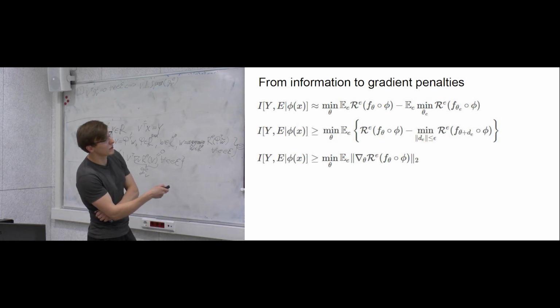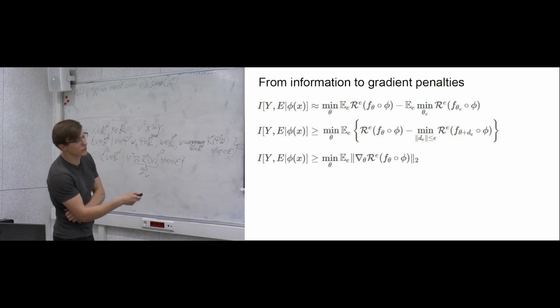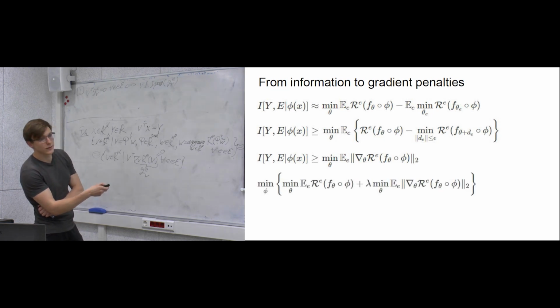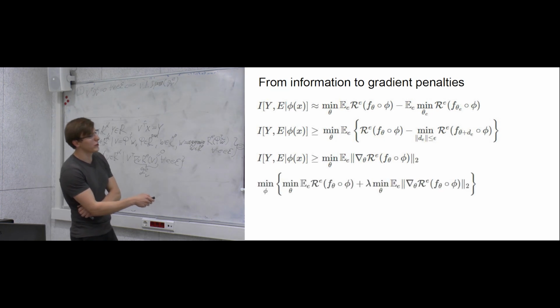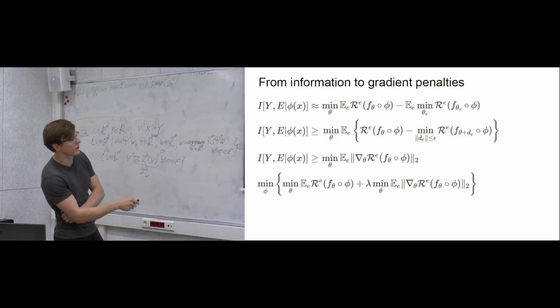So this seems to be a reasonable thing for small epsilon values, right? And finally, we add the empirical risk term to this lower bound of our mutual information of our outputs and environment, and add minimization by representation.